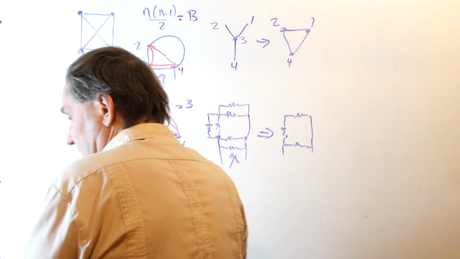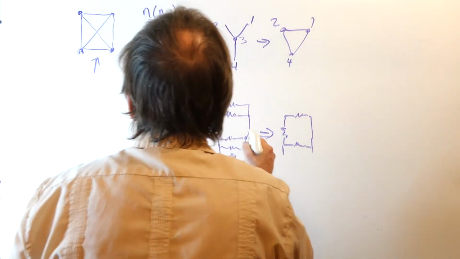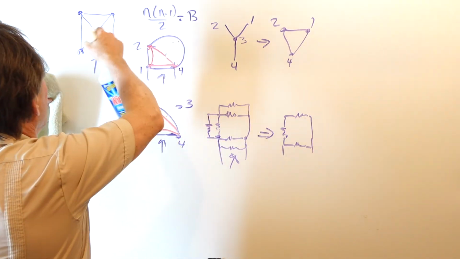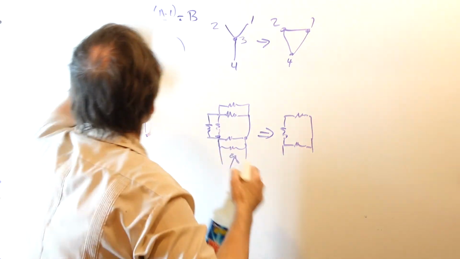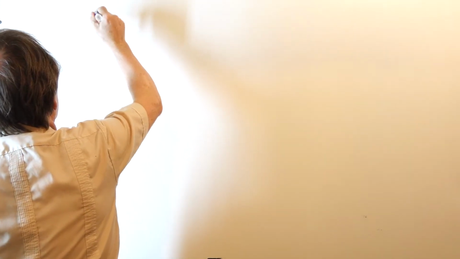All right, now let's take it up a step and go to 5 nodes rather than 4 nodes as we have here. Now it's going to get a little more complicated because with 5 nodes, we have 5 branches. So we're going to start off with a pentagon.